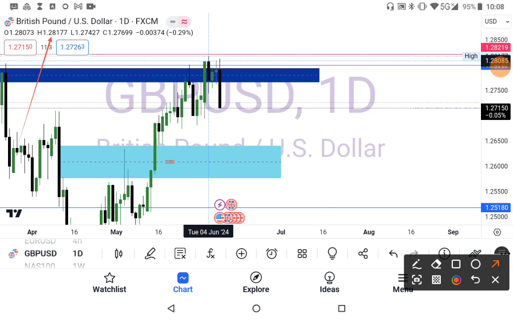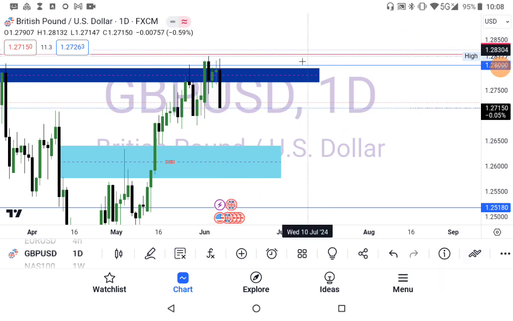It went short of just 3 to 4 pips to get to 1.28219. So I expect 1.28219 to serve as a resistance, then give us a movement into 1.27 thousand. 1.27 thousand has been delivered beautifully.